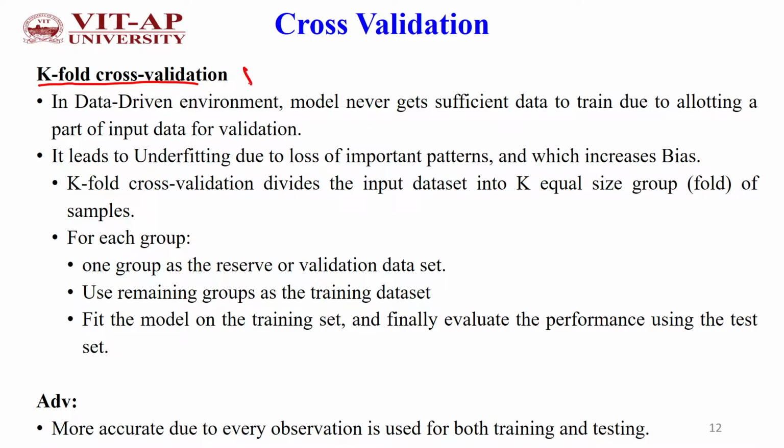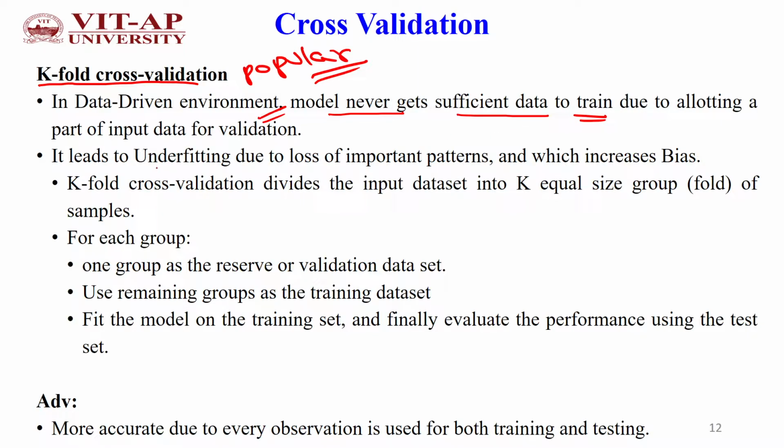This is the most popular cross validation. Most professionals use it. Because we are getting more data from the real-time environment, the machine learning model never gets sufficient patterns from the input data to train on.